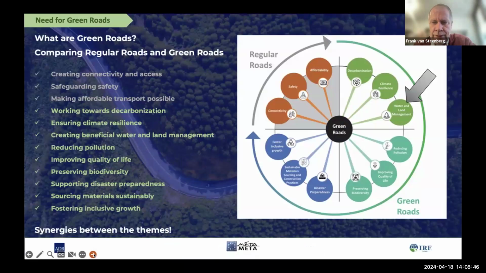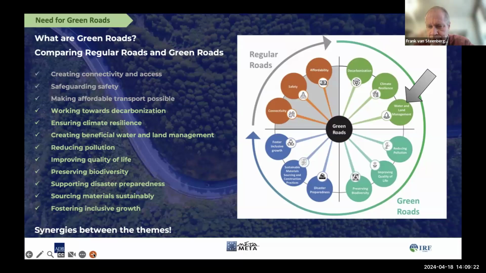So Rita already introduced briefly the Green Roads Toolkit. What the Green Roads Toolkit does is look at additional dimensions of roads. With the regular road, connectivity, safety, and affordability of transport are really very important things, and these are always very important things. But we have additional dimensions that we should look at. The decarbonization was mentioned already. The climate resilience, which Gordon also presented on the 4th of April.